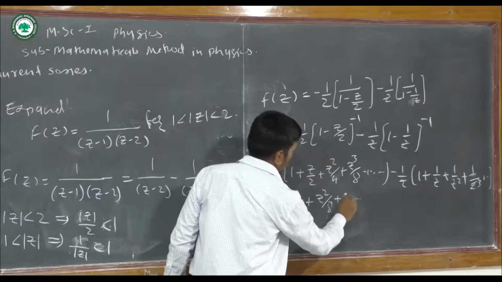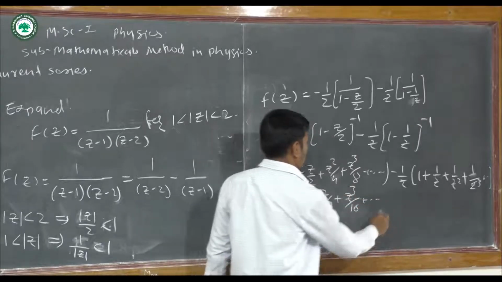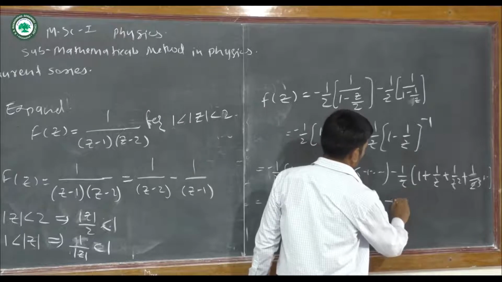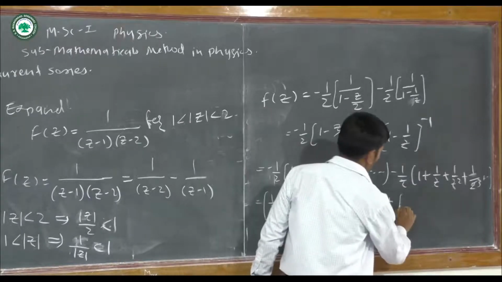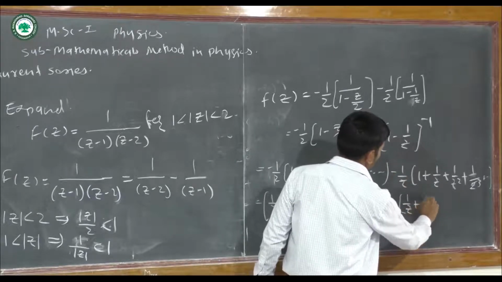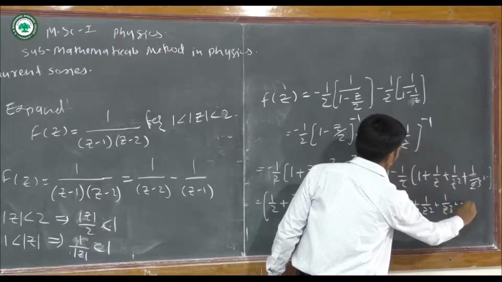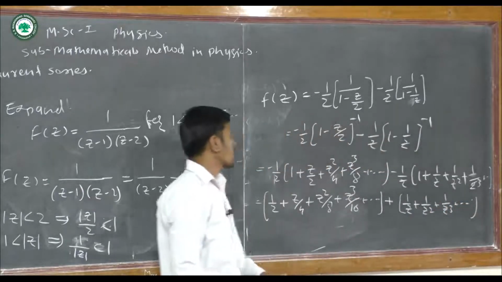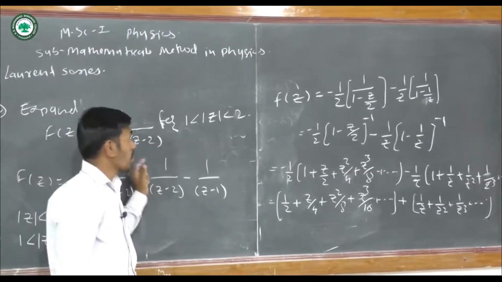Here the third term is z cube by 16, and so on. And here plus 1 by z plus 1 by z square plus 1 by z cube, and so on. Okay, so this is the expansion of this function f of z in terms of the Laurent series.